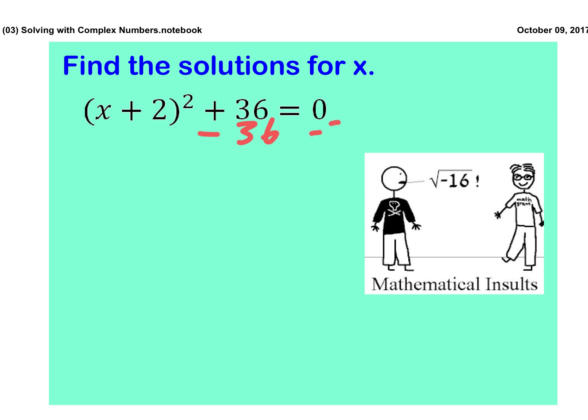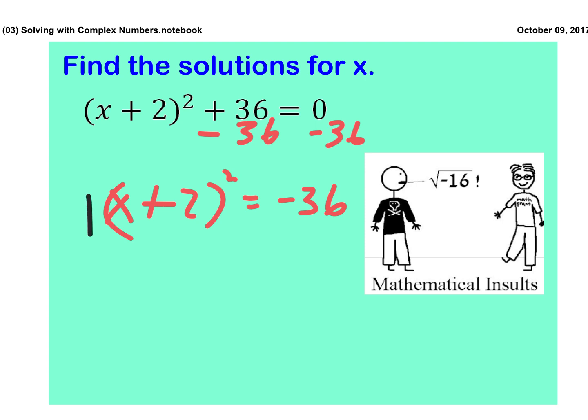We're going to subtract 36 from both sides. We have x plus 2 quantity squared equals negative 36. And I know what they're going to do. Because 36 is a perfect square, they want me to square root this. And that cancels off. When you square root something, though, you got to bring in absolute values.